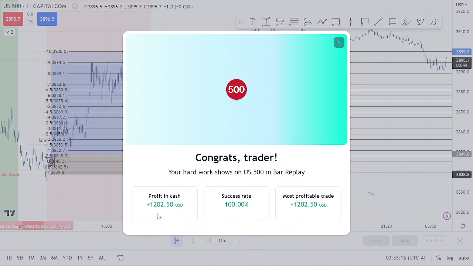So, 1,202.50 USD. Right. And as I live in Jamaica, we have a foreign exchange rate, and the US dollar is worth a lot more than the Jamaican dollar.